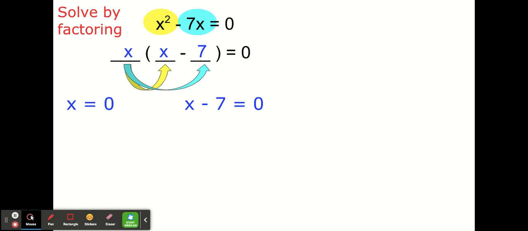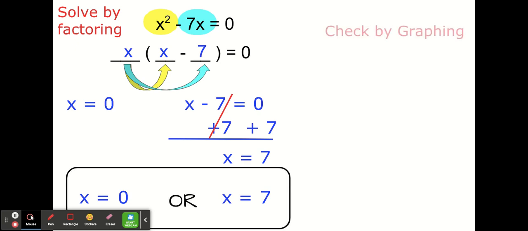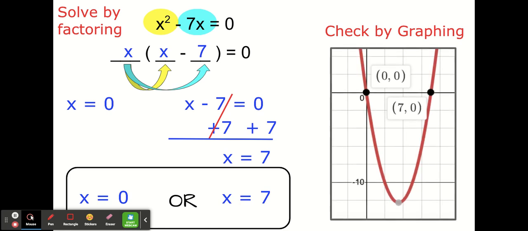If we add 7 to both sides, then we have x equals 7. Those would be our two solutions. If we plug them into Desmos, x squared minus 7x and y equals 0, we get 0, 0, and 7, 0. So x equals 0 and 7 we have checked by graphing.